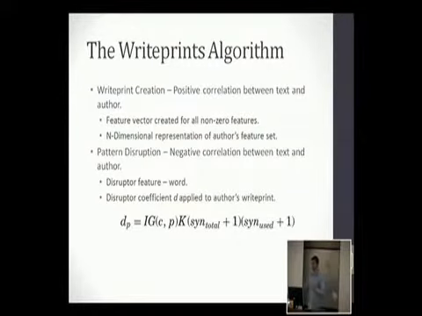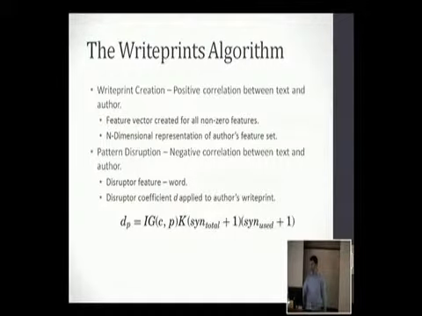And you're applying this coefficient to the n-dimensional matrix of the author's features and it shifts it slightly in the space. So you do this for all the features that don't appear in that author's feature set. So you have this combined effect of creating the writeprint and then also making adjustments for the features that are especially lacking.